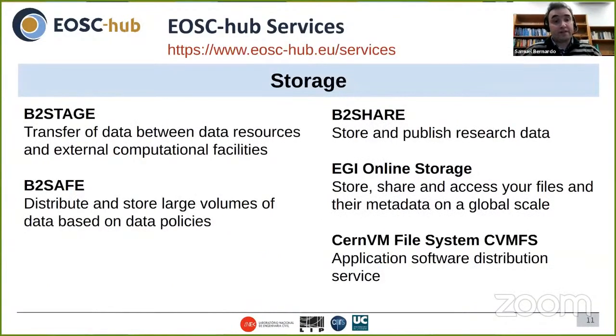About storage, there is also a diversity of services, like the B2 kind of EUDAT services, and also the EGI online storage, for storing permanent files and keeping metadata on a global scale, but also CernVM file systems that allow distributing software and applications.